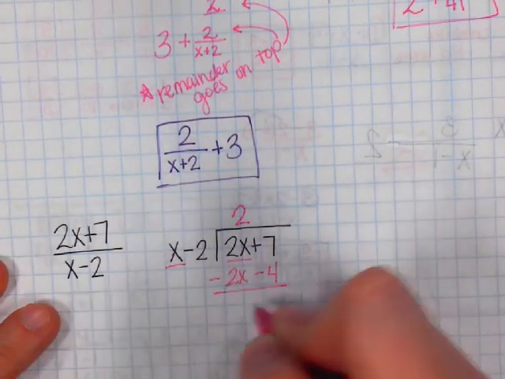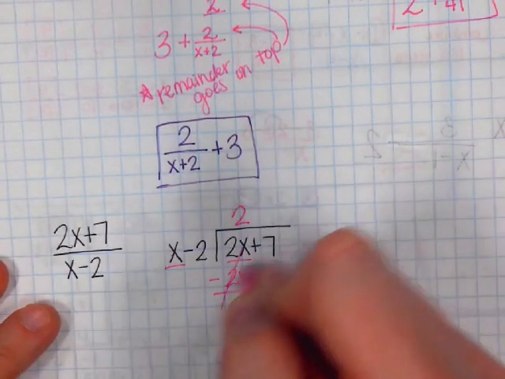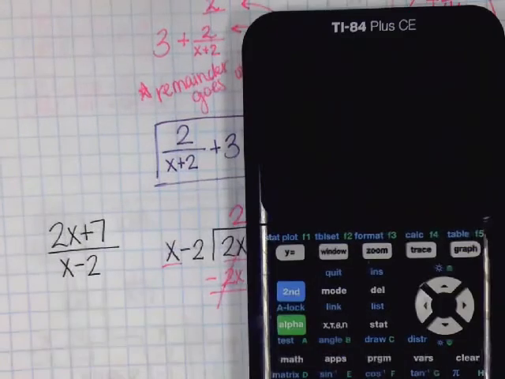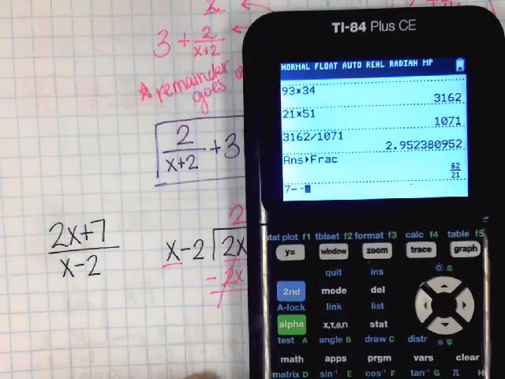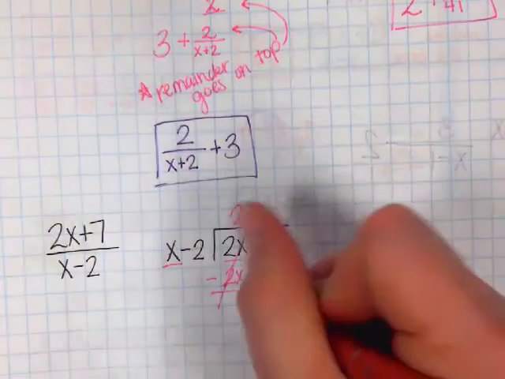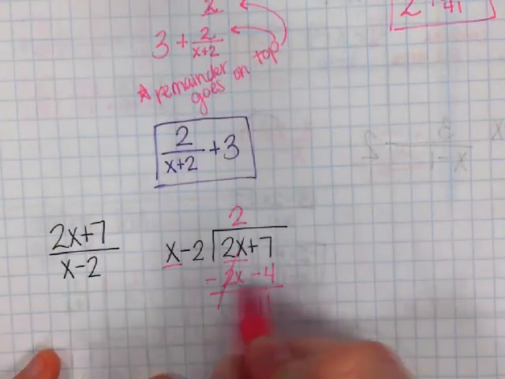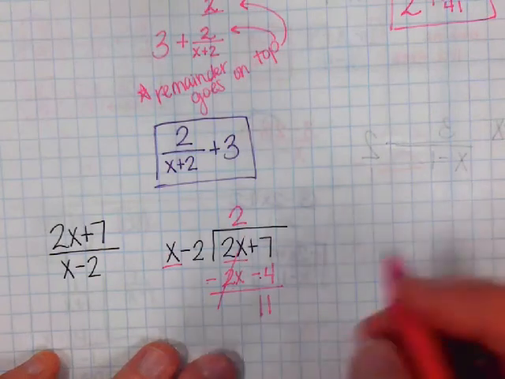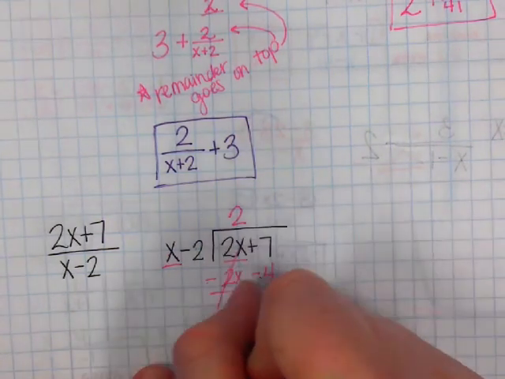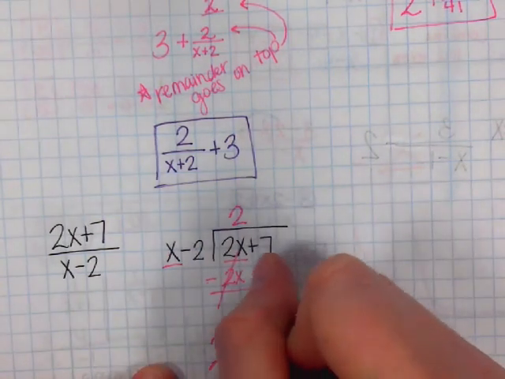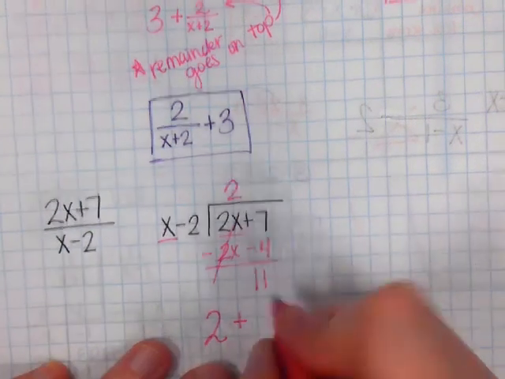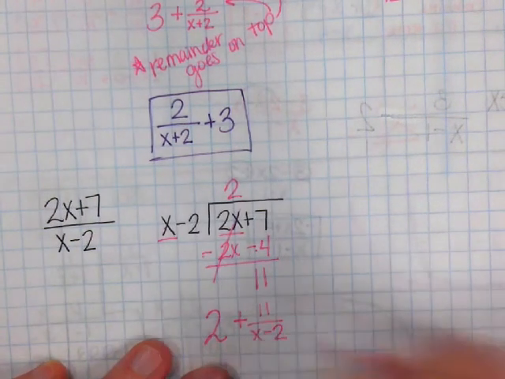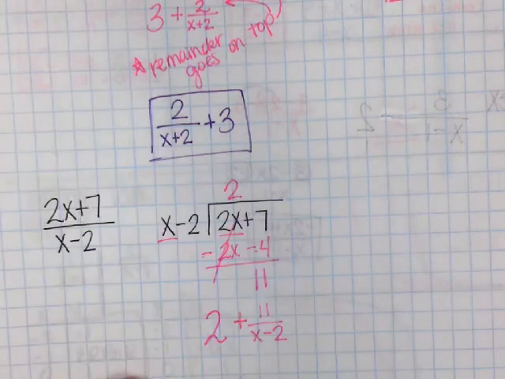Make sure you subtract both parts. So 2x minus 2x cancels. 7 minus negative 4. Make sure you see that that's minus negative 4. So 7 minus negative 4 is 11, because when you subtract a negative, it's like you're adding. So 2 plus 11 is our remainder, so that's what goes on top, over x minus 2.